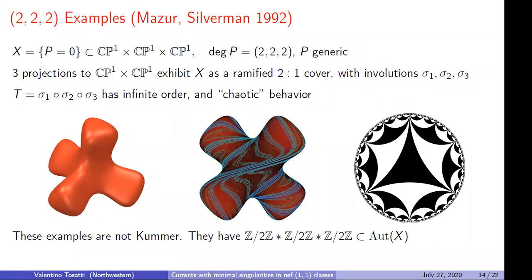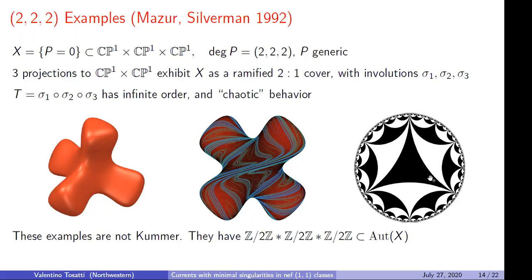And here is a picture of a section of the ample cone in the Néron-Severi group. If you choose P generic, the Picard number is 3, so H^{1,1} is not the whole thing, and the Néron-Severi group has rank 3, and NS of X tensor R is R^3. Inside R^3, you look at the hyperboloid of classes with volume 1. That's a 2-dimensional disk. Here it's a Poincaré model, and the boundary of this disk consists of classes on the boundary of the ample cone.